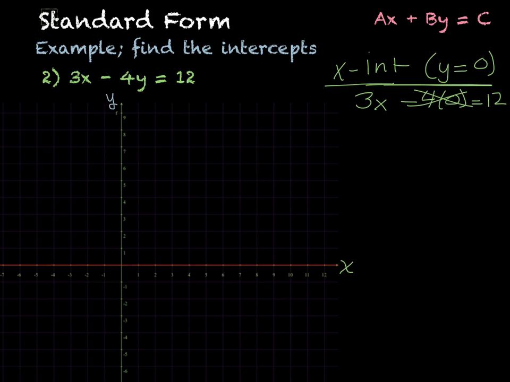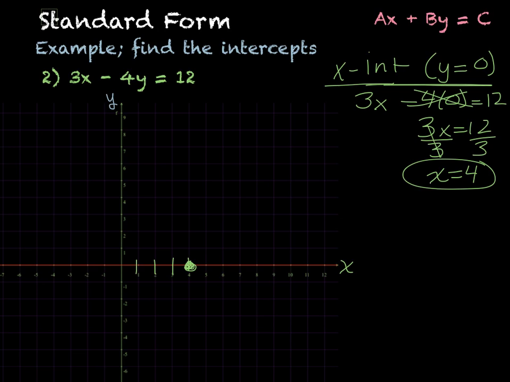That cancels out to 0. 3x equals 12. Divide by 3. So x equals 4. So I'm going to come over to 4 and put a point on my x-axis because it's the x-intercept.